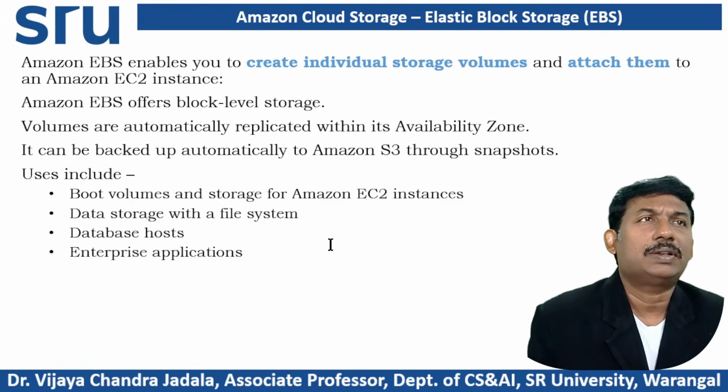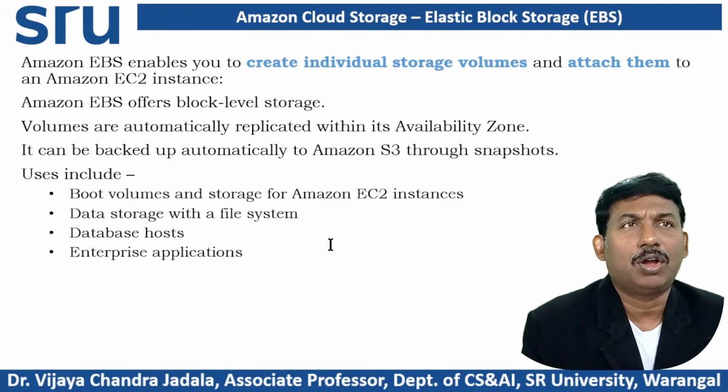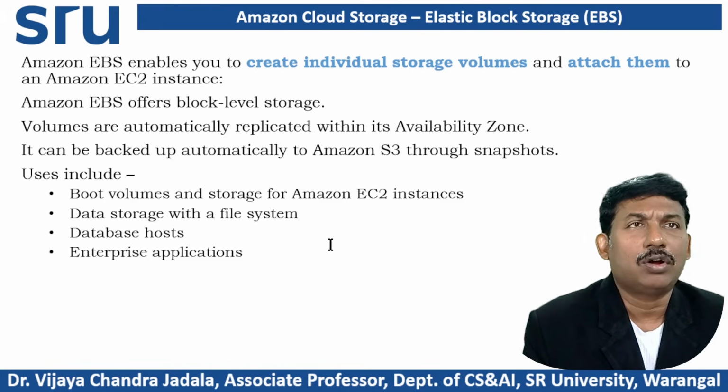So now we are going to discuss clearly Elastic Block Storage. It is block storage which enables you to create individual storage volumes, and we can attach them to the EC2 instance. Amazon EBS offers you block level storage where the volumes are automatically replicated within the availability zone.